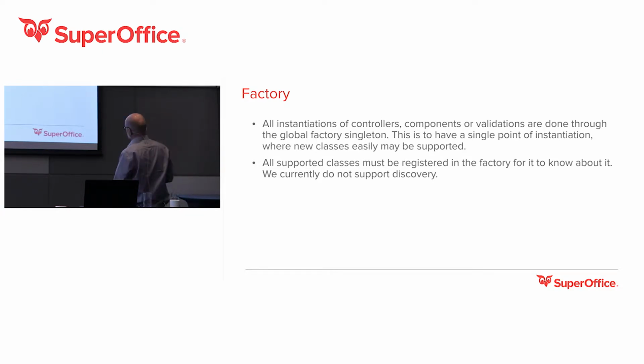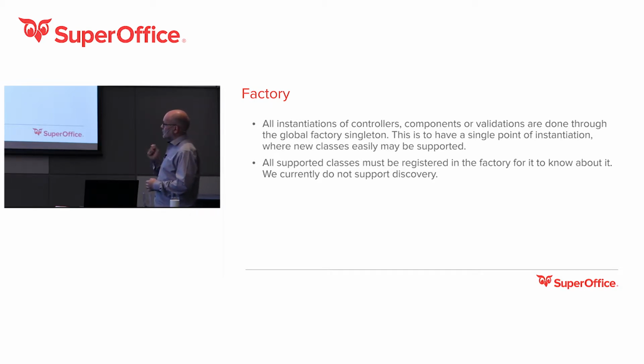So we have this factory mechanism. When we create the UI, it's described through a recipe, and therefore we need this factory mechanism to instantiate all the parts of a UI.